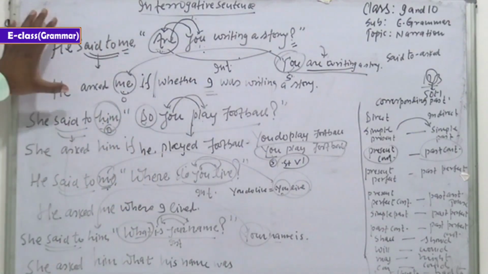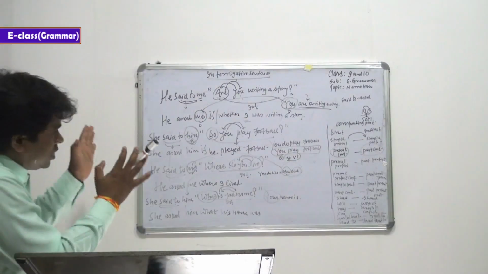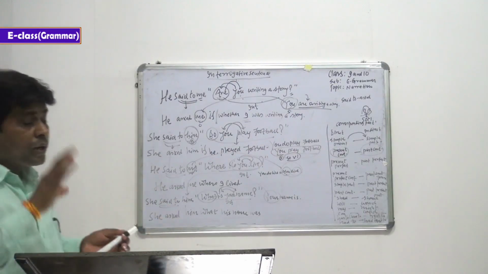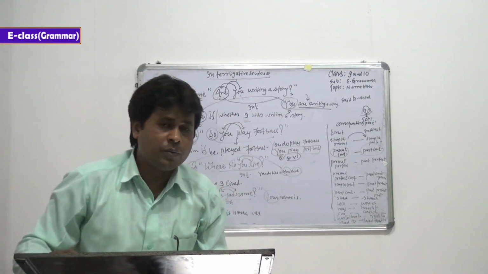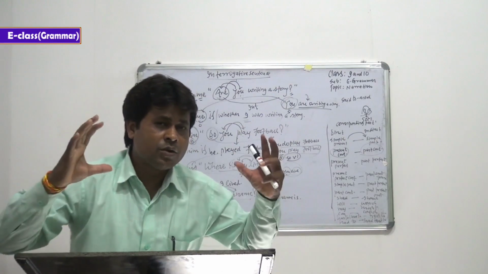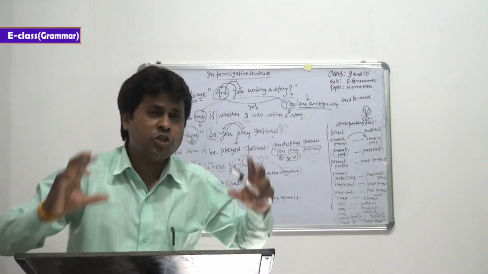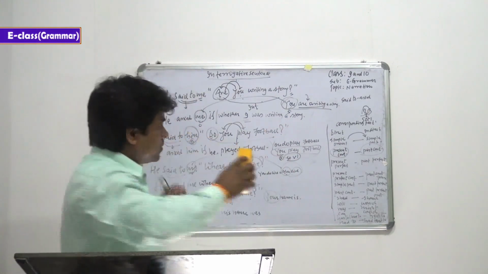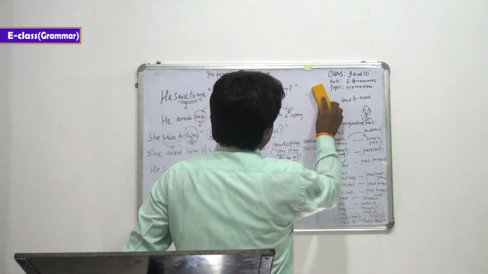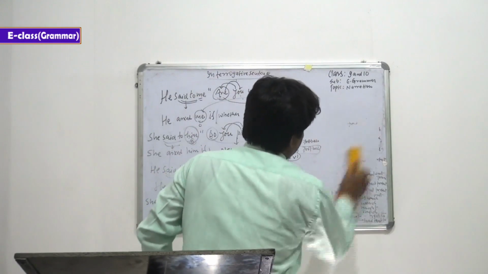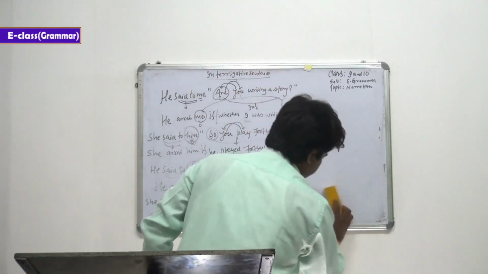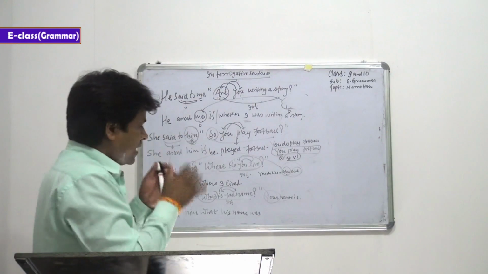So my dear students, after seeing all these four examples, what can be said in conclusion now? What did you understand here now? What is the summary now? So please write the summary. Write down please.